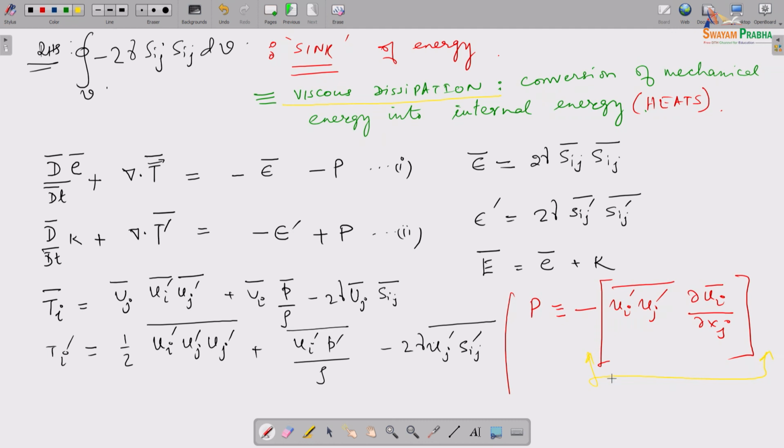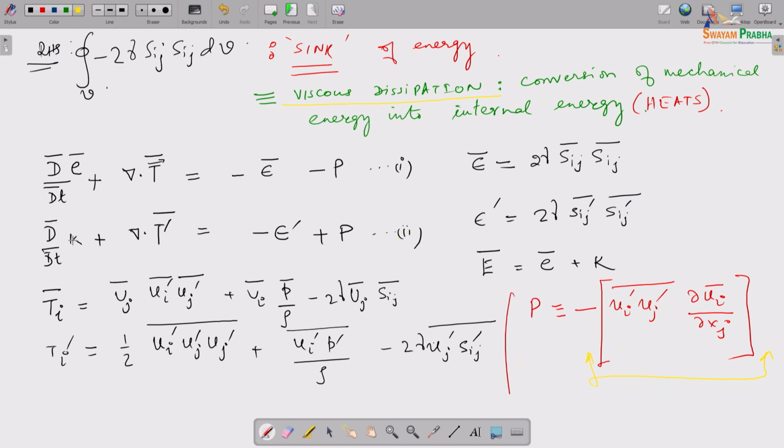Therefore, if you look at equation 2, this P which is representing this is actually a positive value. So what we have taken here is the rate of change of the turbulent part of the kinetic energy.